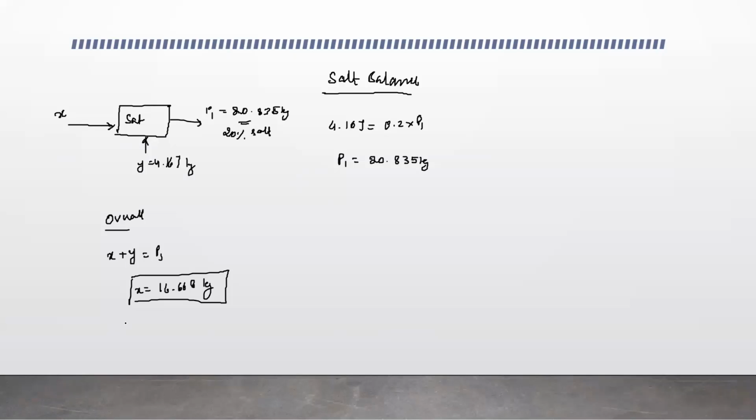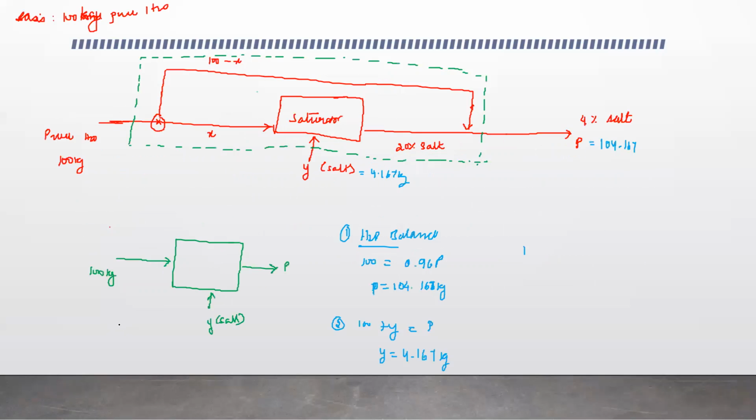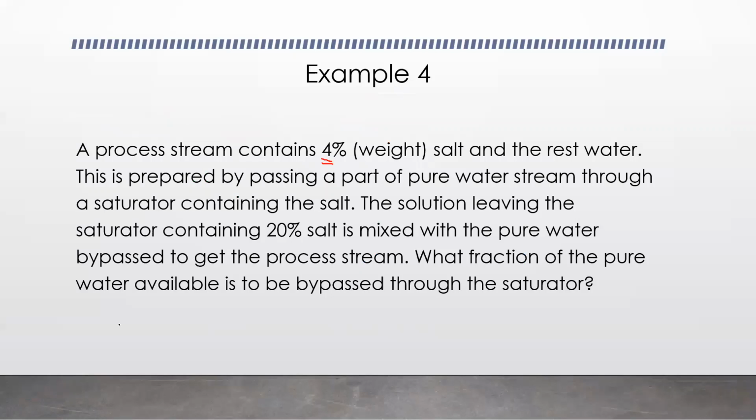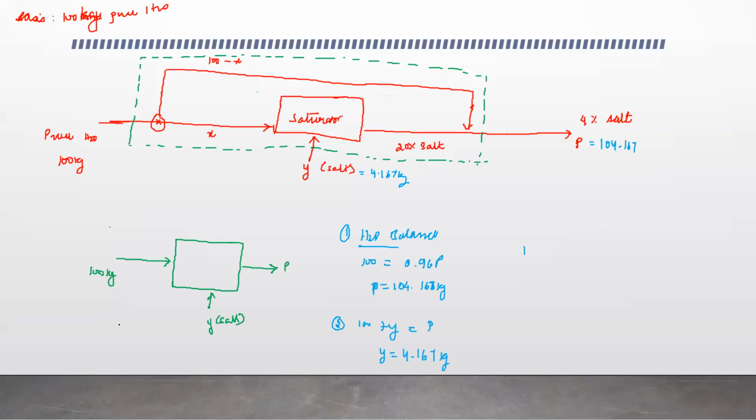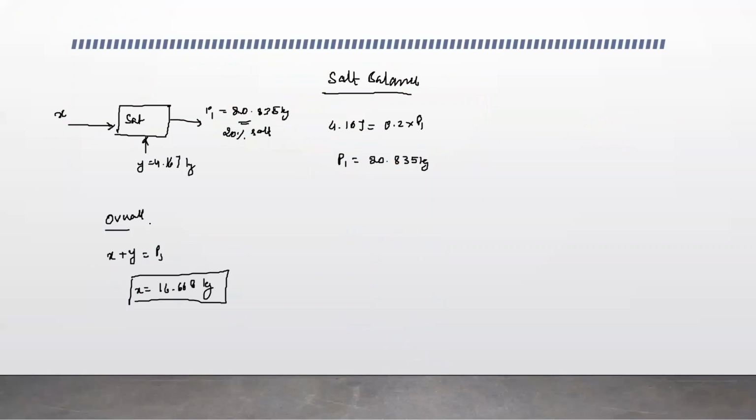Now we want to calculate the fraction of pure water available that is to be bypassed through the saturator. So we have to calculate (100 minus X) by 100. X is 16.668, therefore 100 minus X is 83.332 kg.